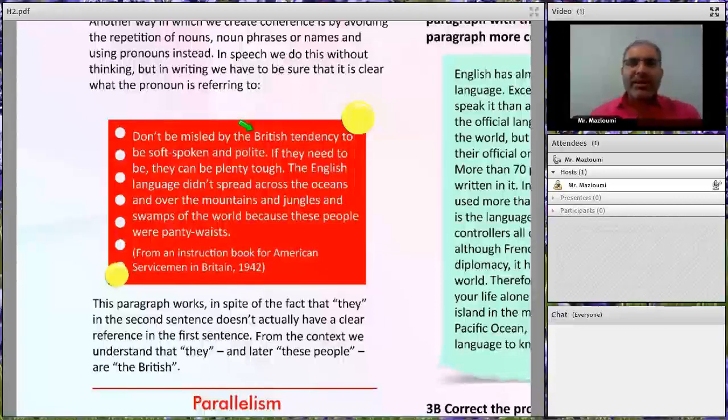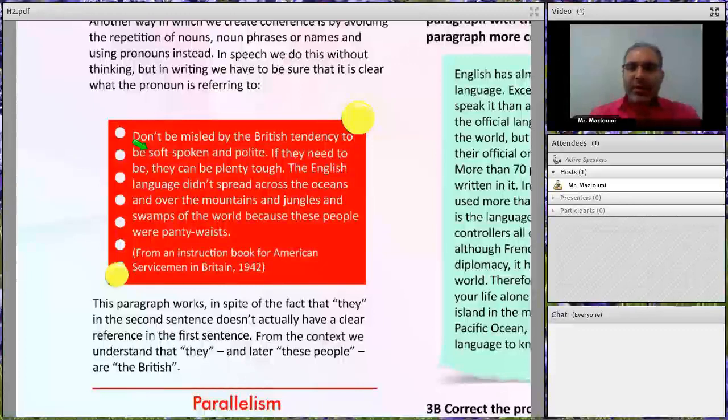The Japanese means the people of Japan. Tendency means they do it regularly, usually. They tend to do something. For example, I tend to watch the news in my free time. It means I have a tendency to do it.